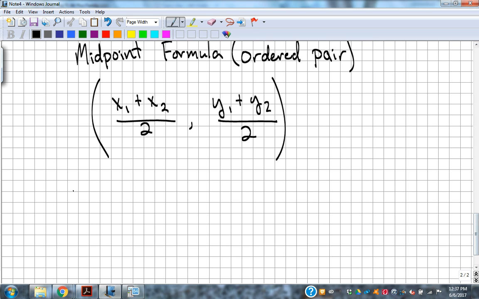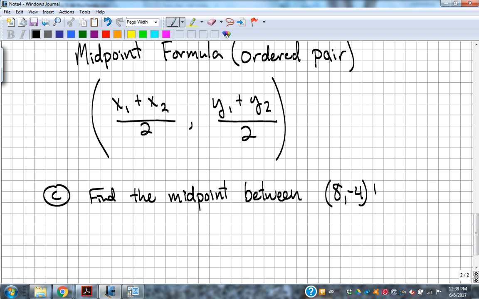Okay. Let's take an example of that. Let's say find the midpoint between (8, negative 4) and (negative 6, 1).